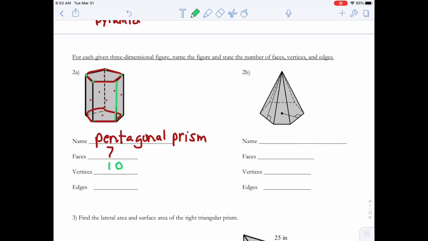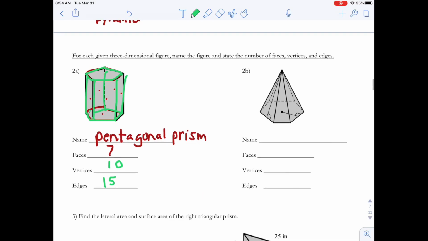So we got 1, 2, 3, 4, 5 on the sides. We got 1, 2, 3, 4, 5 on the top, and 5 on the bottom. So a total of 15. Again, always feel free to try number 2, pause it, come back and listen to my answer here.